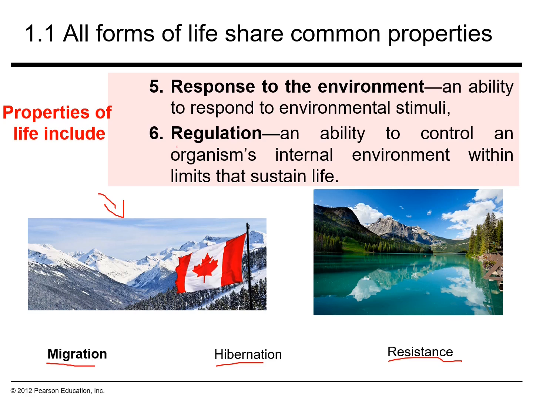The sixth one, which is very important, is regulation. That is the ability to control the organism's internal environment within limits that sustain life. In the second chapter, we're going to talk about the properties of water. Water is very important for regulation and homeostasis.